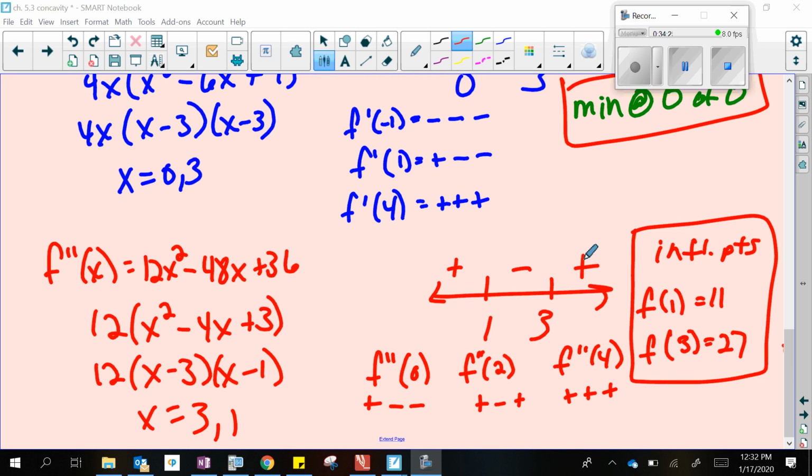Well, the function's not ever decreasing. So I shouldn't be dipping. It's still going continually up. It's just changed from this way to this way.